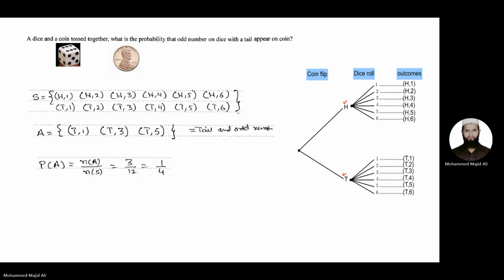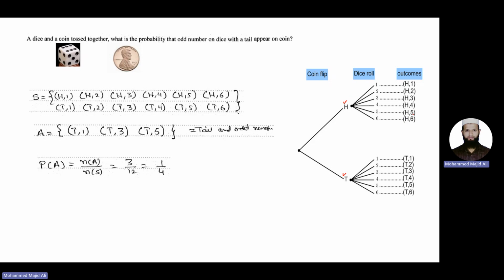In the same way, if tail appears, along with the tail, dice numbered 1 to 6: tail and 1, tail and 2, tail and 3, tail and 4, tail and 5, or tail and 6.